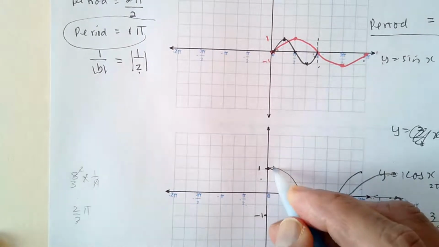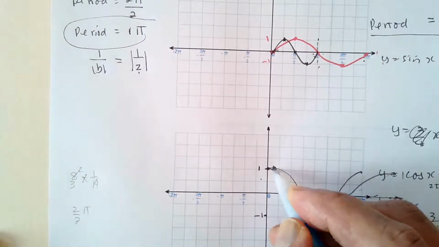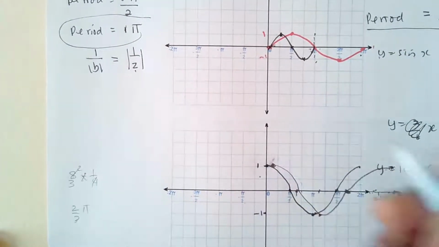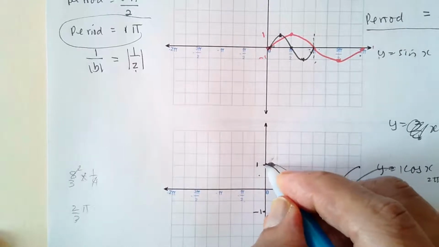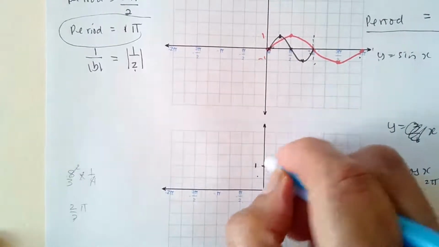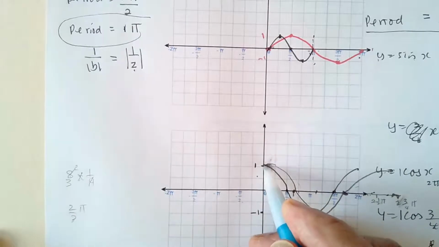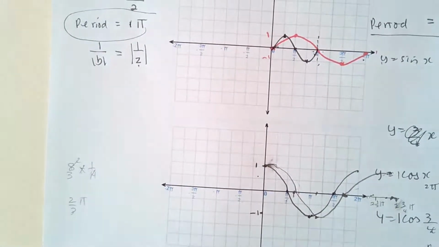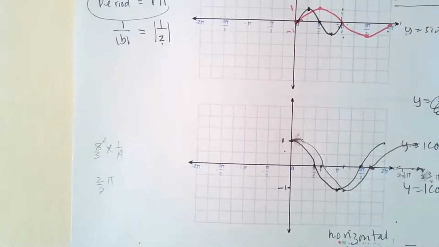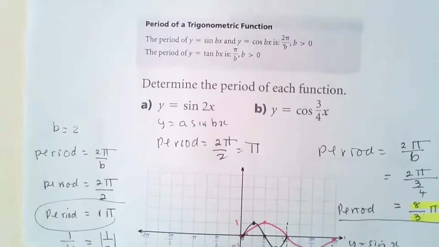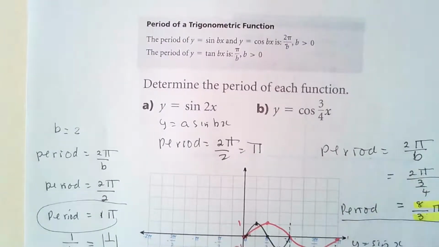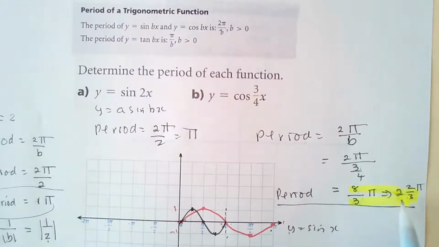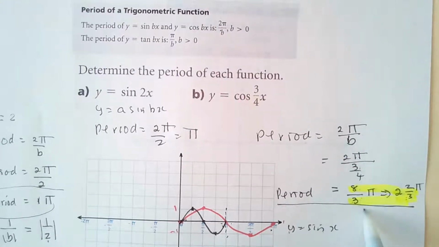We start from 0 here. You can see it's a stretch, a sort of messy graph. All I want you to know for now, for a question asking to find the period, is that the period is 2 pi over b, which is 2 2/3 pi or 8 over 3 pi.